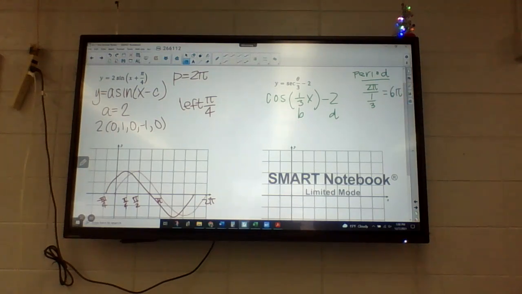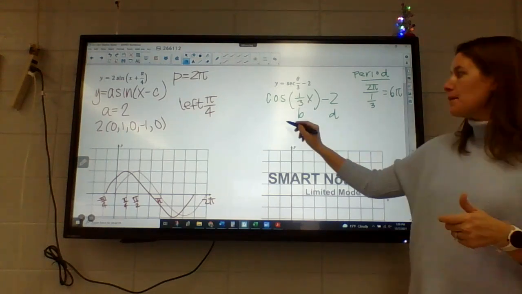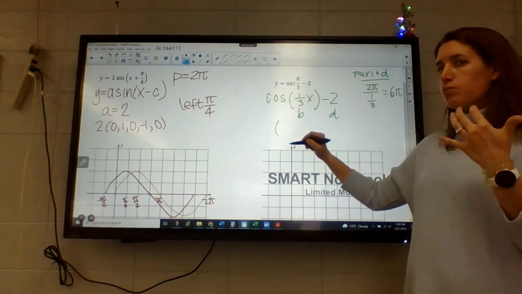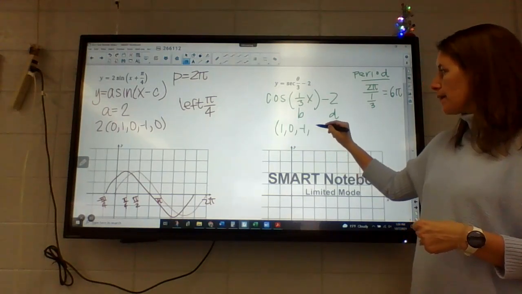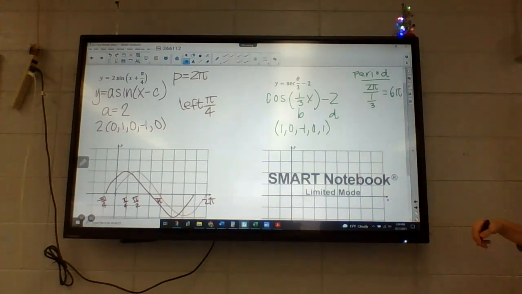And that's our period. So that's going to tell me start to finish, it's going to take 6 pi to get there for cosine. Now cosine typically starts at 1 and then goes down to 0, so don't forget about that. But again, it needs to go to 6 pi.